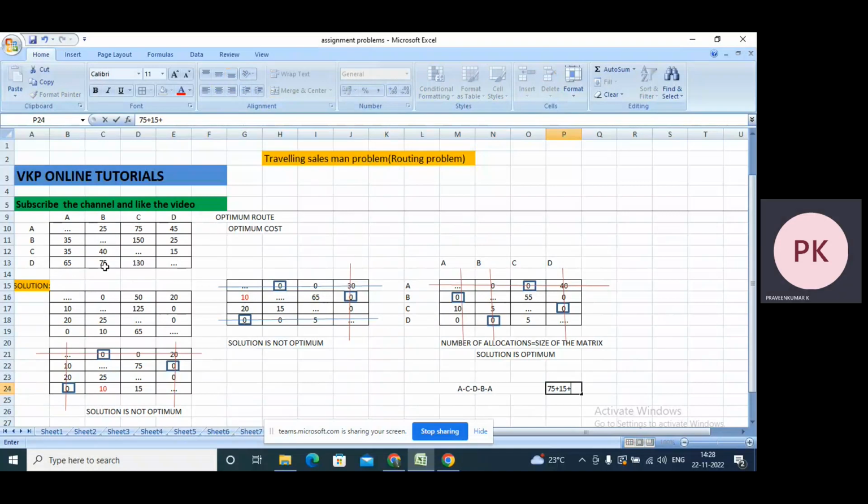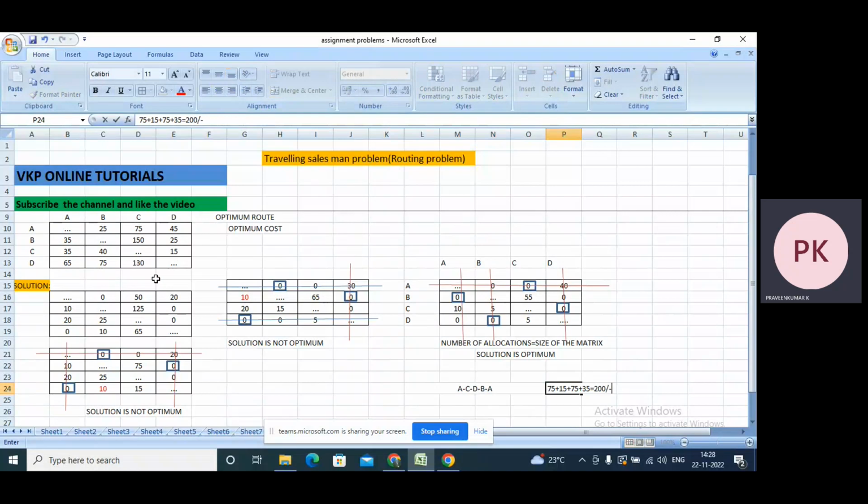And D to B is 75 rupees. And B to A is 35 rupees. Therefore, the total cost is 75 plus 15 plus 75 plus 35. So we are getting 200 rupees.